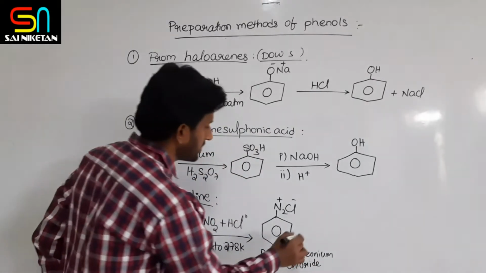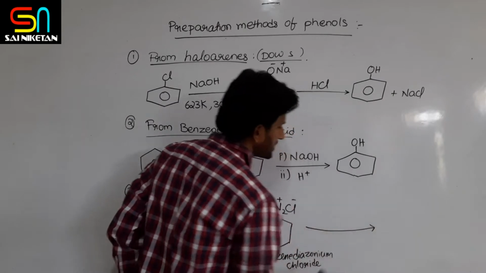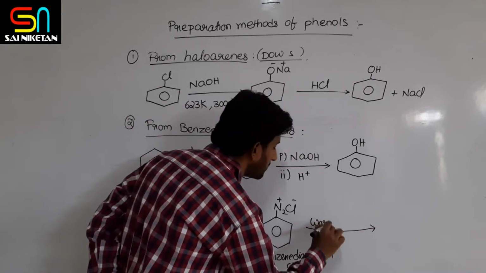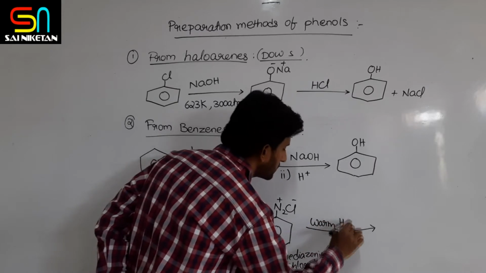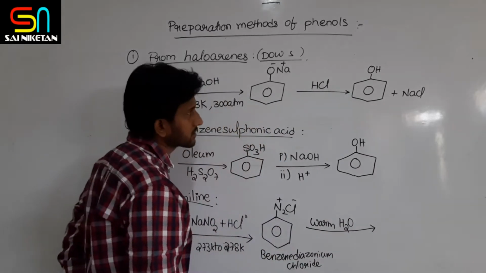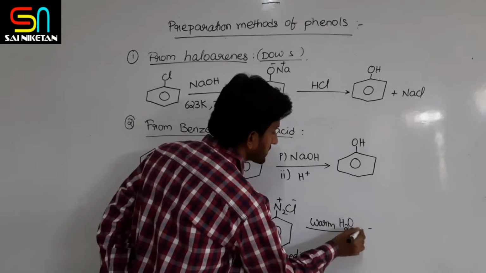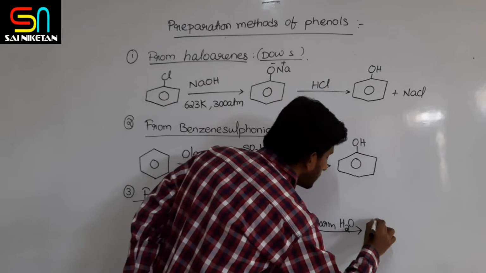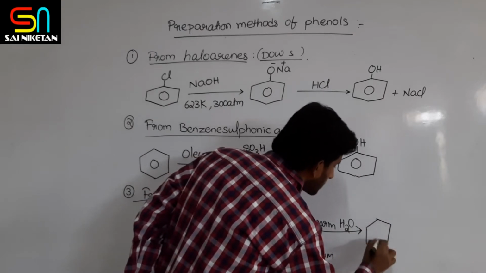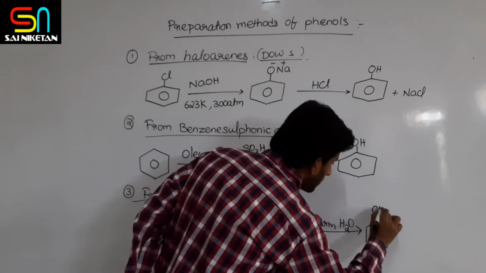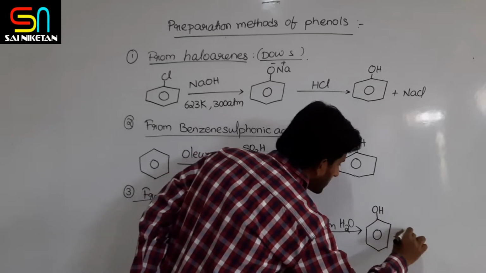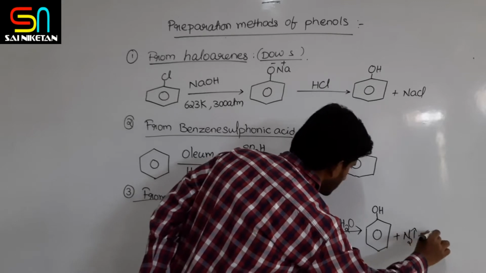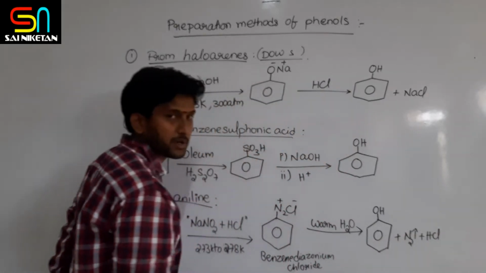Now benzene diazonium chloride, simple hydrolysis with warm water, H2O. It produces phenol, with liberation of nitrogen gas and some HCl as a byproduct.